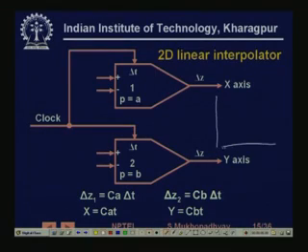Now the thing is that they may have to be moved along different rates. Like for example, if you are moving along the 45 degree, imagine the xy coordinate. So if you are moving along this axis 45 degree, then the velocity along this axis and the velocity along this axis has to be maintained.